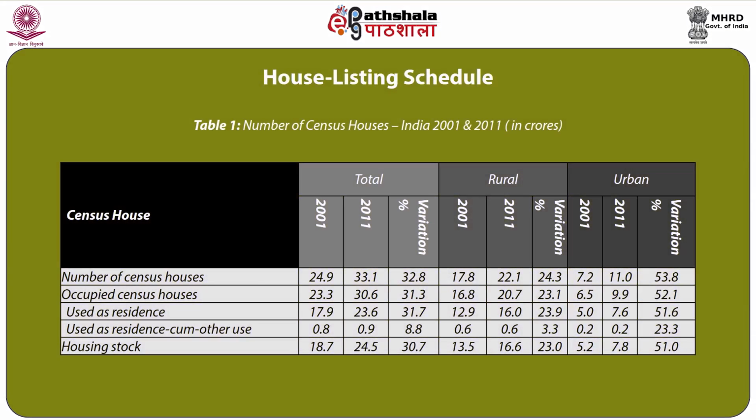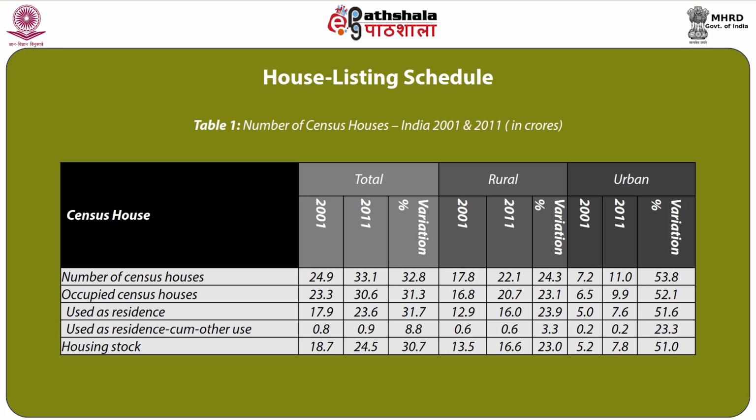If we see Table number 1, that is, number of census houses India 2001 and 2011, which shows the figures in crores, we can see that the categories are number of census houses, occupied census houses, used as residence, used as residence cum other use, and housing stock.